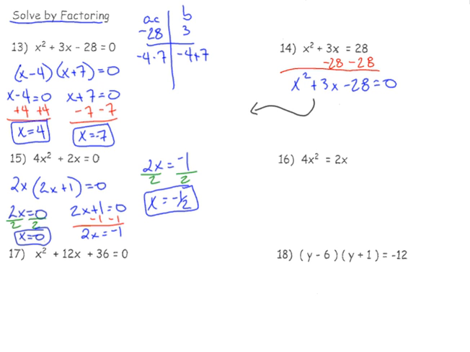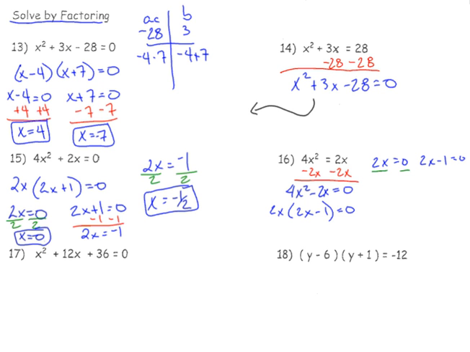For number 16, I first put it into standard form. So I subtract 2x from both sides. 4x squared minus 2x equals 0. I now take out my GCF. 2x times 2x minus 1 equals 0. I set each factor equal to 0. 2x equals 0. 2x minus 1 equals 0.